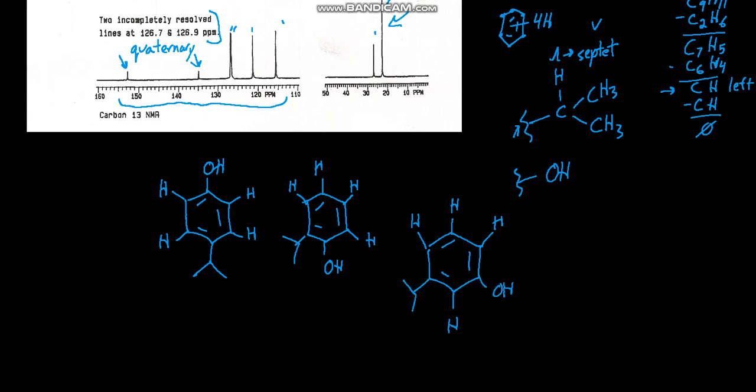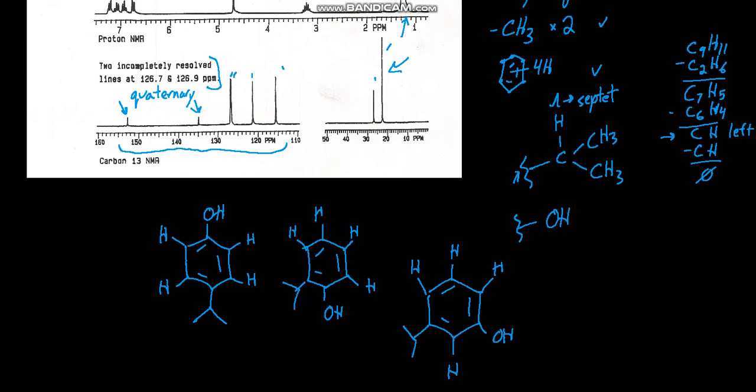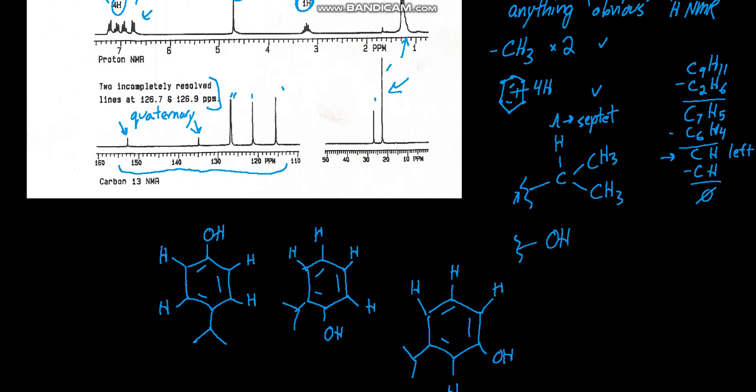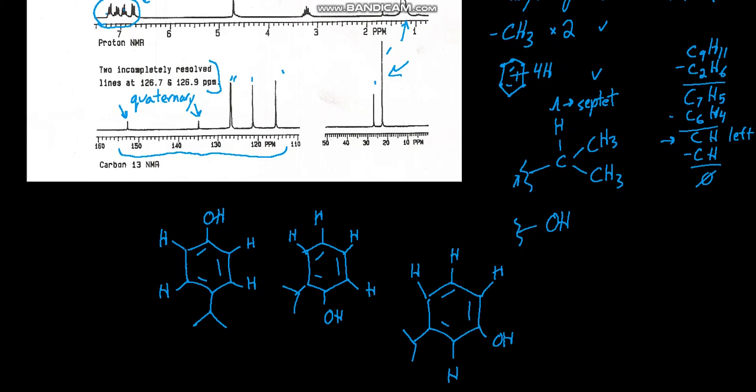So the splitting is going to reveal what's going on here. Way up here in the corner, you see this pattern of doublet, triplet, triplet, doublet, expanded above that. For those of you about to, or for the video ending here, the only one of these three possibilities that matches that is this one, so that is the answer.